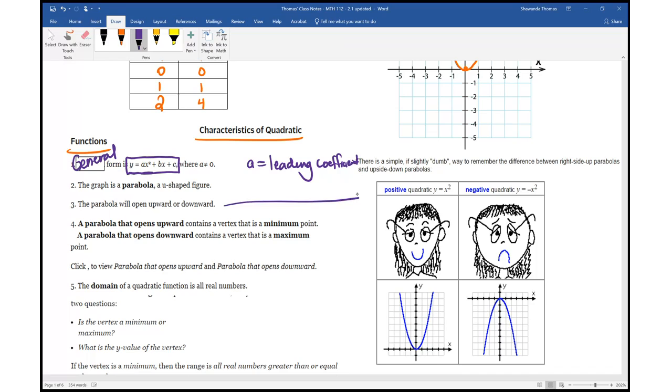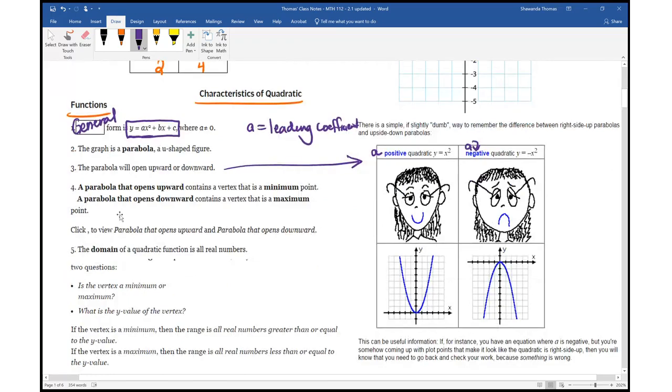And what is that based off of? Whether the a is positive: we get a smile, a positive person, right? Smiles. So we get a parabola that opens up. If our a is negative, however, then we will get a frown. A negative person frowns, right? So our parabola opens down.